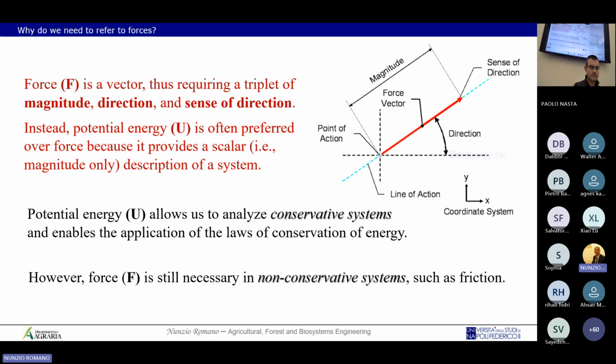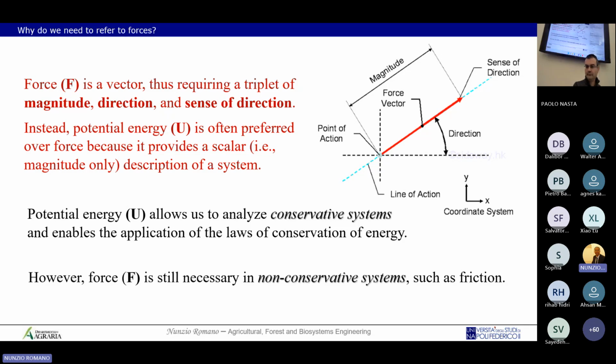But there is the potential energy. Why do we refer to the potential energy? Because first of all, there are some advantages. This is something that reflects the effect of a force.